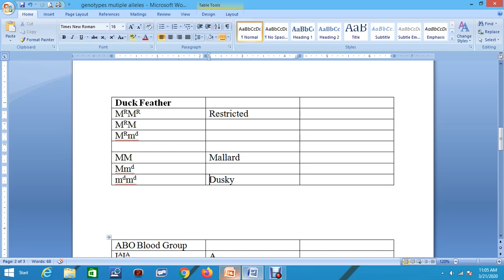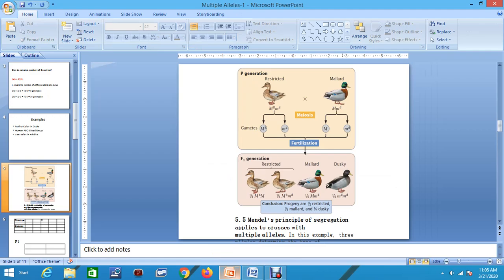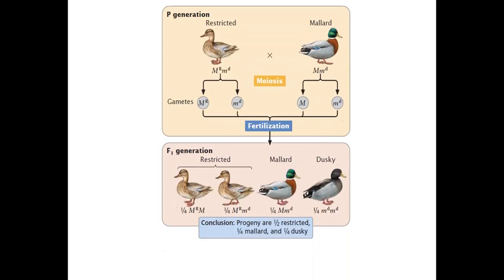So in that case, I will go back here. When a restricted feathered duck is crossed with a mallard duck, the restricted duck will be heterozygous: capital M R and small m D. The mallard is also heterozygous.